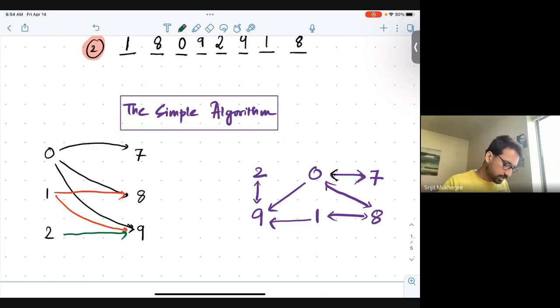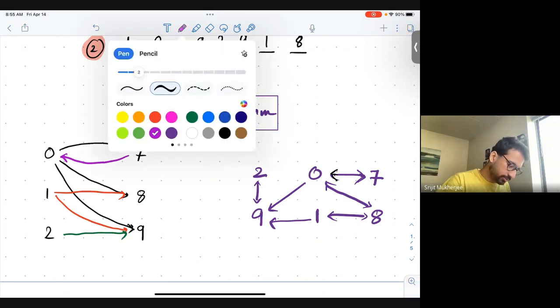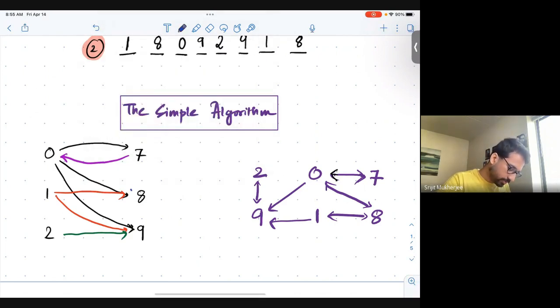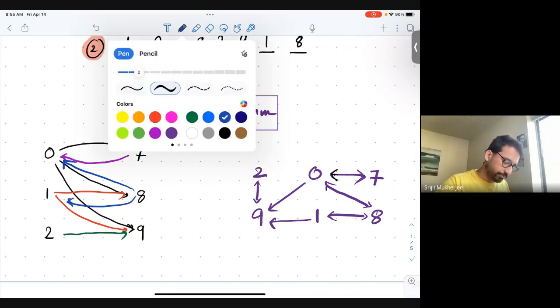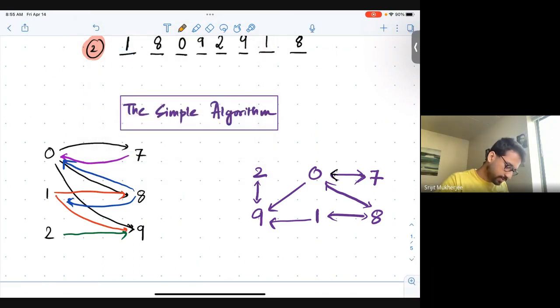Now for 7, from 7 you can only go to 0. From 8, you can only go to 0 or 1, not 2, because the difference becomes 6. And from 9, you can go to all of them, 0, 1, and 2.